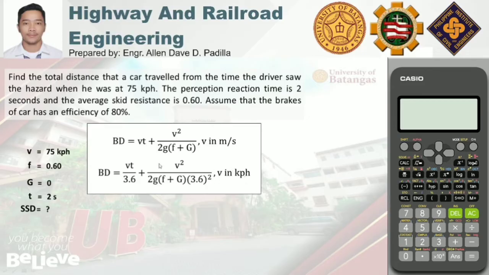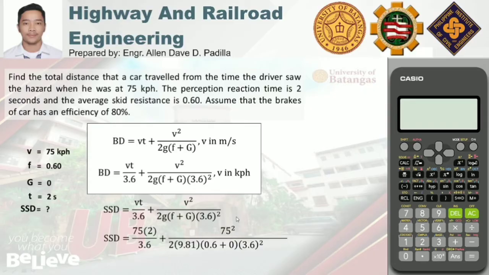So we will use the second formula, direct substitution again. We have stopping sight distance equal to 75 times 2 divided by 3.6 plus 75 squared divided by 2 multiplied by 9.81 multiplied by 0.6 plus 0. The G is 0 since it is horizontal, multiplied by 3.6 squared.